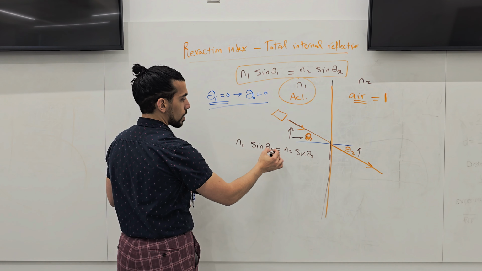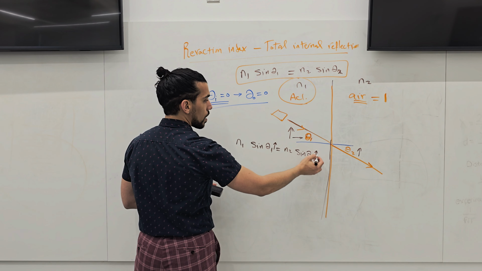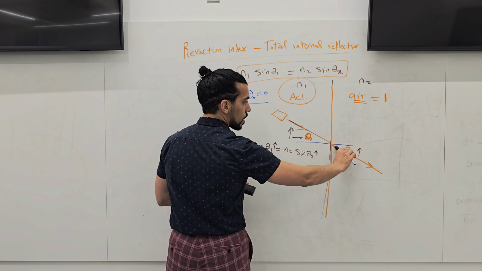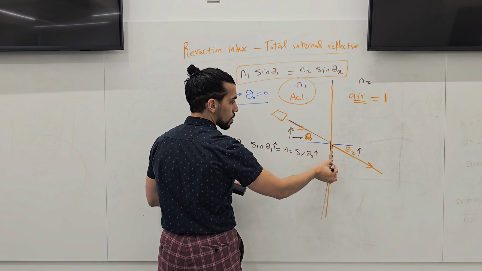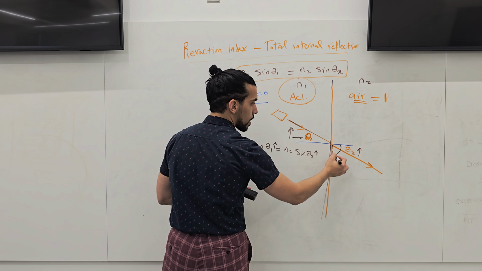If this one is going up, this one starts to increase, until a certain moment when this angle is going to be tangent to the surface of the second material. So the angle becomes 90.